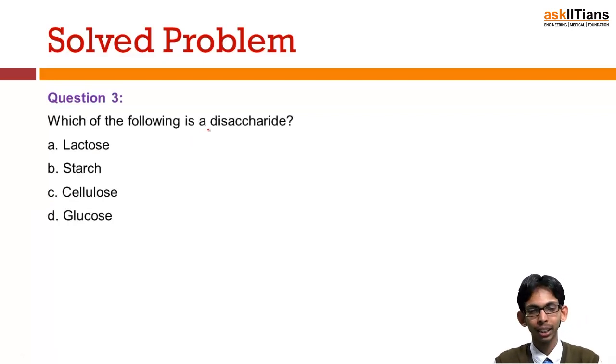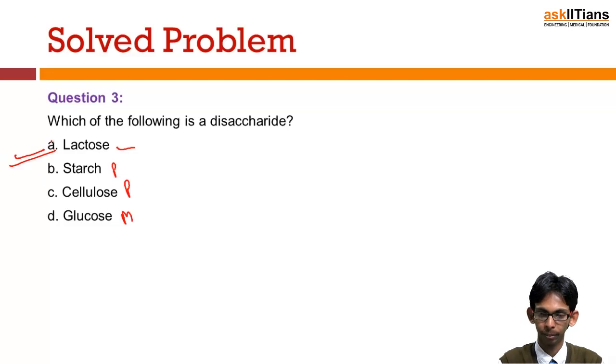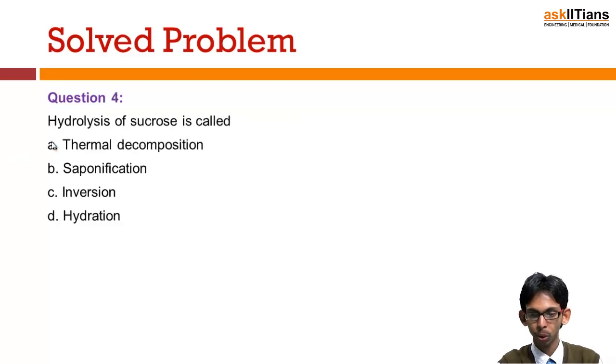We know lactose is a disaccharide, but starch is a polysaccharide, cellulose is a polysaccharide, and glucose is a monosaccharide. So the correct option is A here. Hydrolysis of sucrose is known as inversion, because the optical rotation of reactant and product is totally inverted. So it is known as inversion and not saponification, thermal decomposition or hydration. The correct option is inversion, C.